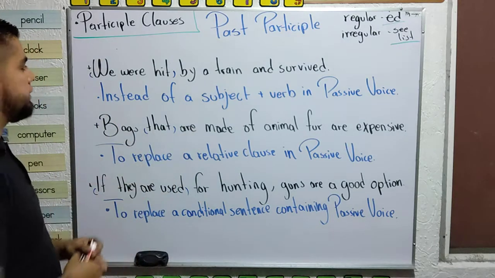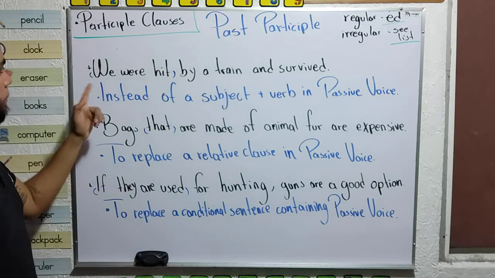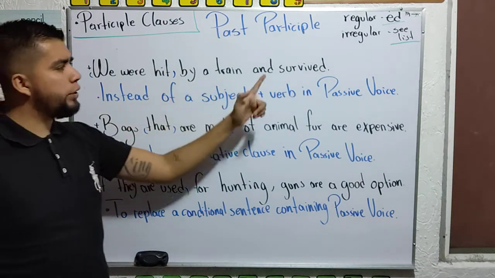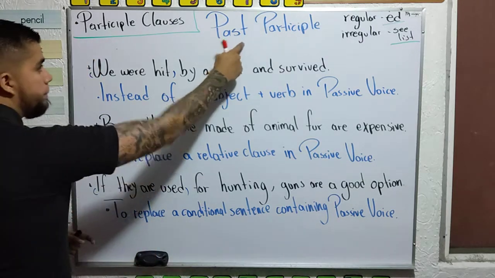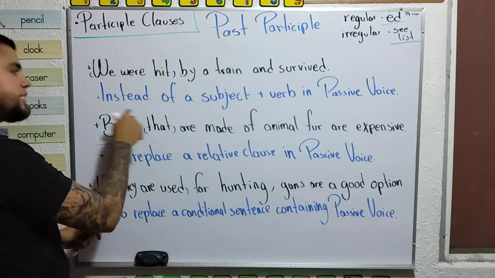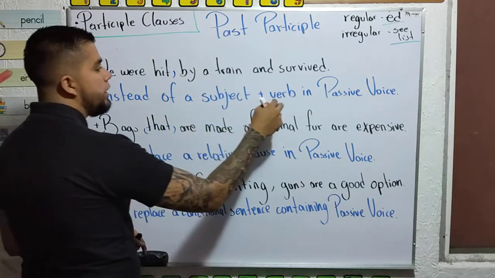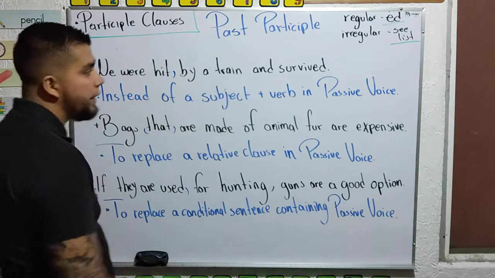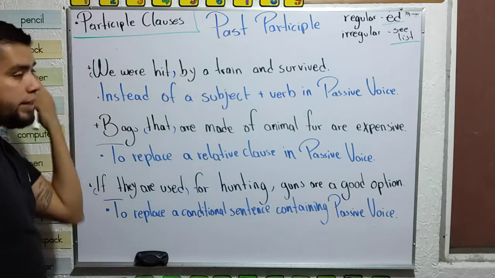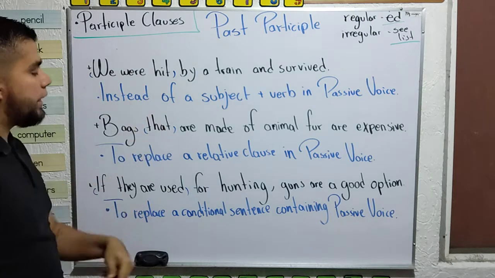In the first case, look, I have my example. We were hit by a train and survived. So, we're going to use the past participle instead of the subject plus the verb in the passive voice. As you can see, this is a passive voice sentence. We were hit by the train.